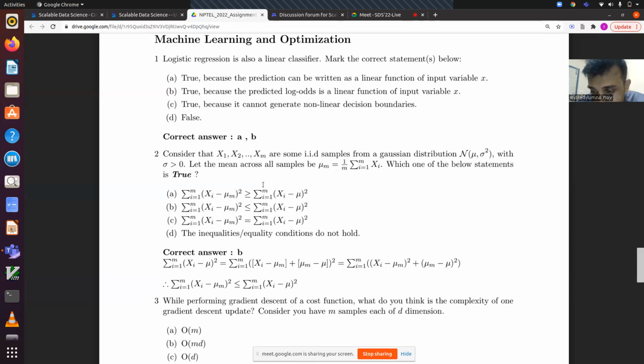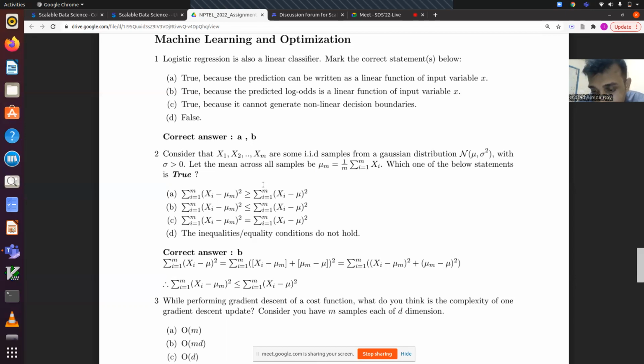But mu m is a constant, right? The expectation is a constant. So if I add it m times, that will be m times the constant. So summation i equals 1 to m of mu m is m times mu m. Are you convinced?